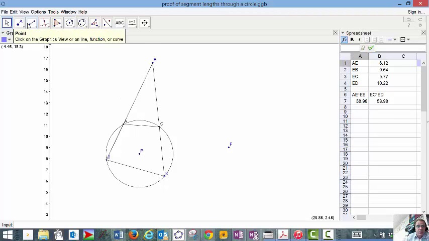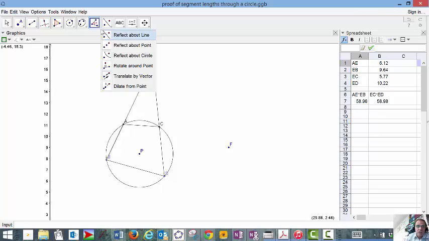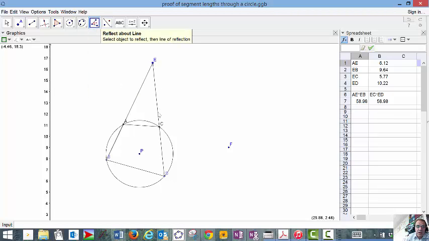Now I had to prove it, but before I did that I wanted to measure it. I suspected that that measure was congruent, so I'm going to use this measurement tool to figure that out. So here's me measuring angle ECA. Measurement tool is being a little bit particular right now. ECA, there we go. Now I've got that measurement.